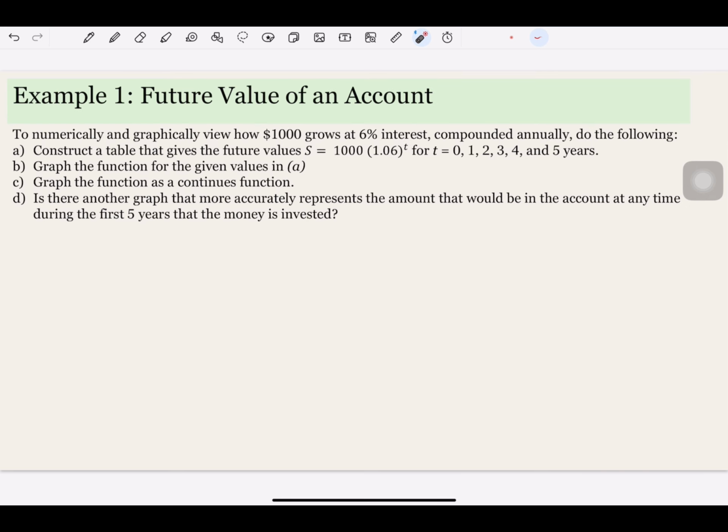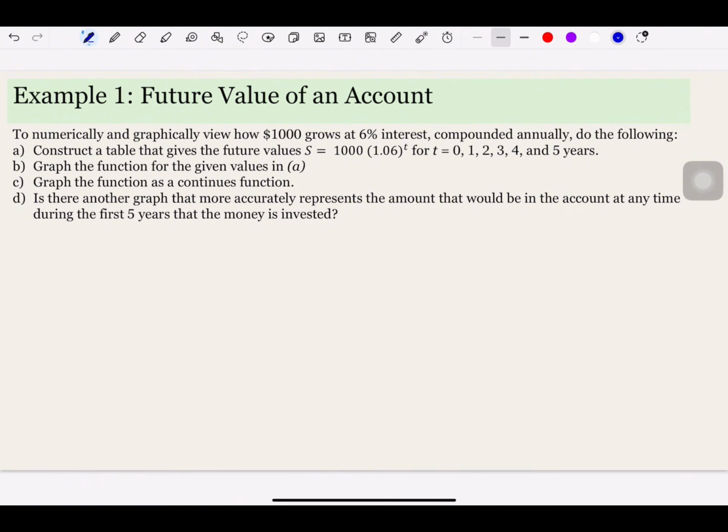Okay, now let's explore how 1,000 grows at 6% annual interest over time using a table and graph. Let's calculate the future value for each year from t equals 0 to 5.